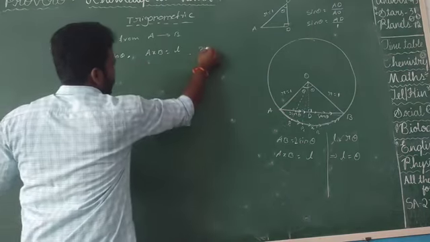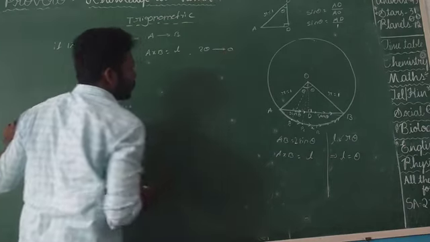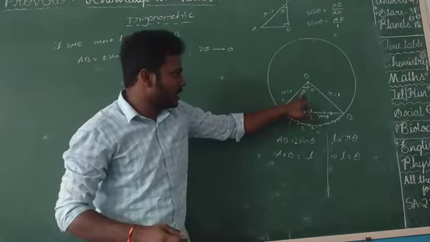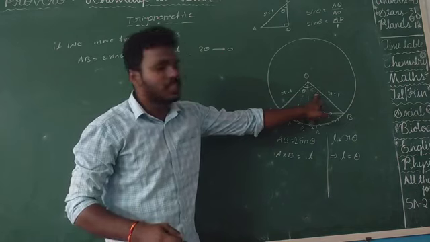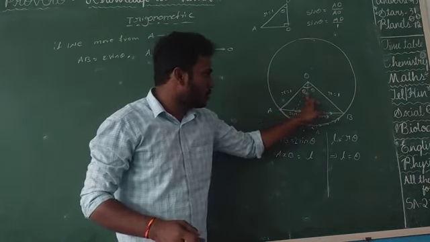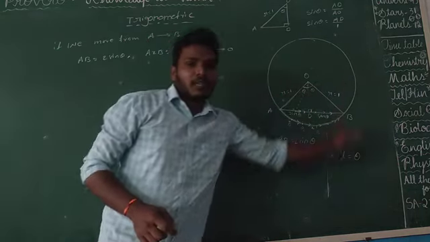If 2 theta tends to 0, 2 theta means the total angle is 2 times theta, theta here half, theta here half, then the angle becomes 0.